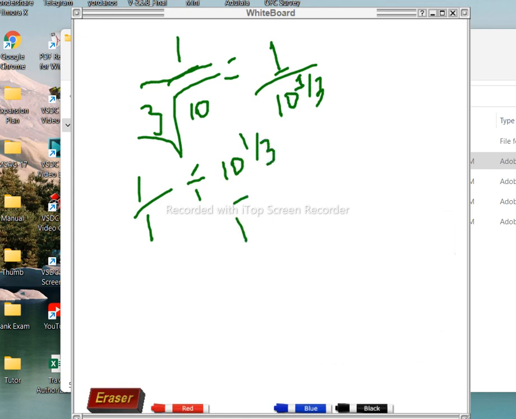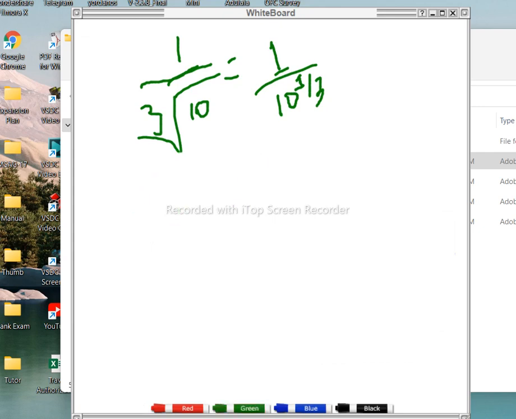When we multiply this, we get the same number, so we can put this number like this simply.